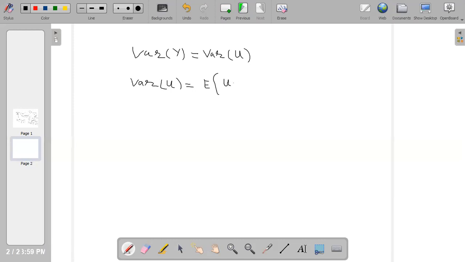U minus expected value of u, whole square, right?